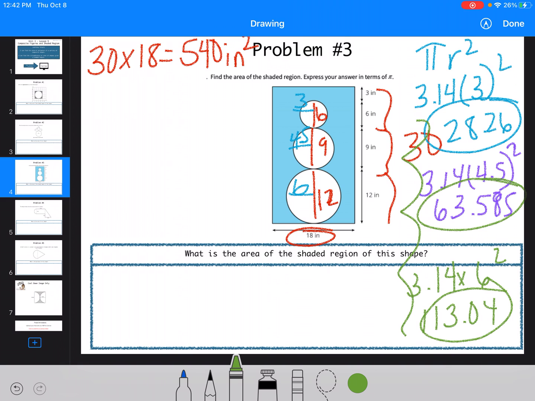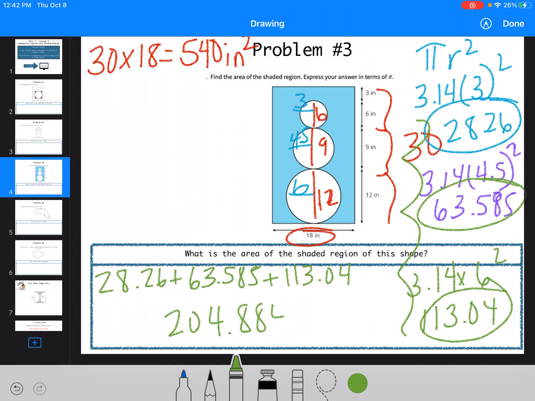And I get a total. So when I add 28.26 plus 63.585 plus 113.04, I get 204.885, and that's going to be inches squared.